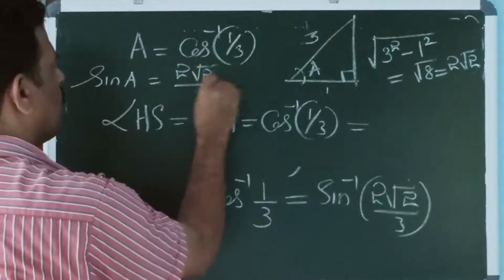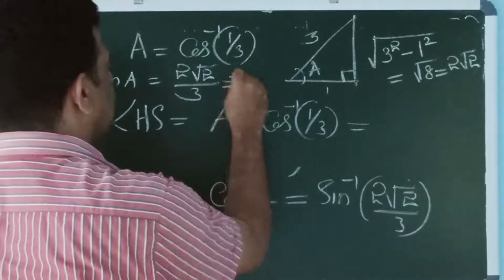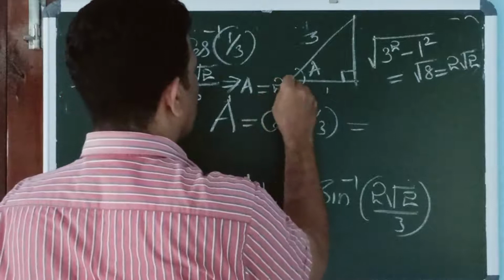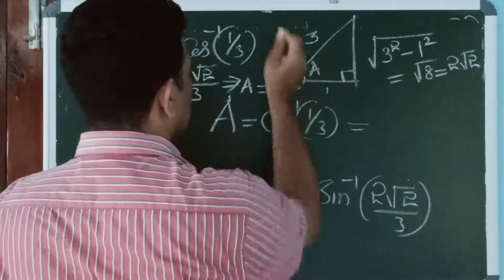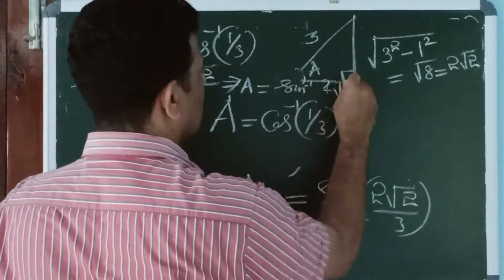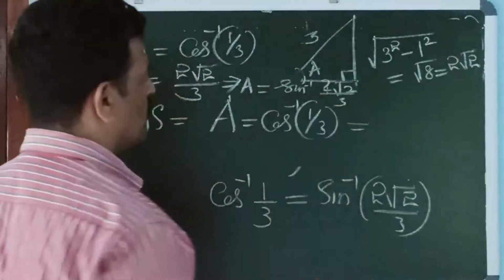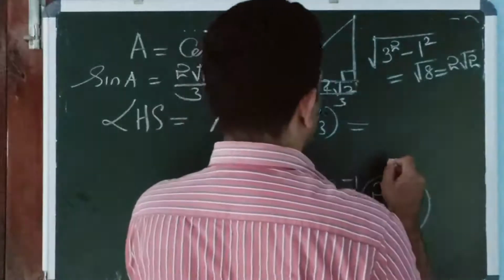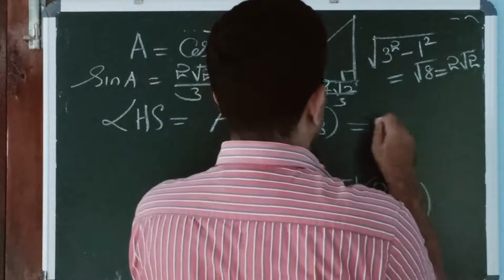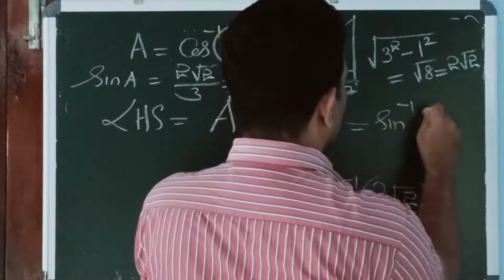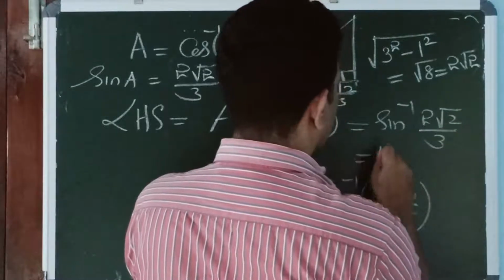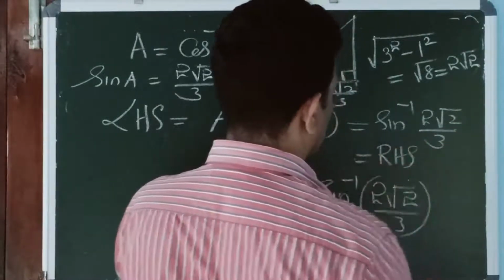This implies A is equal to sin inverse 2 root 2 by 3. Therefore, we can write A is equal to cos inverse 1 by 3 is equal to sin inverse 2 root 2 divided by 3. That is the right hand side of the problem.